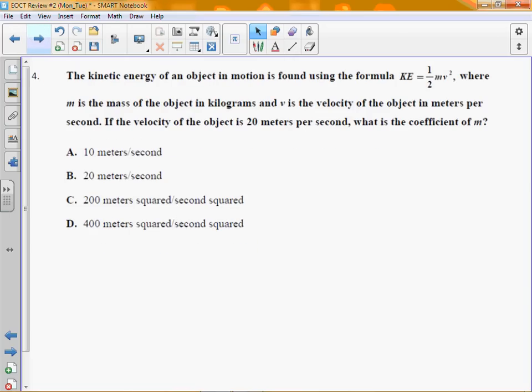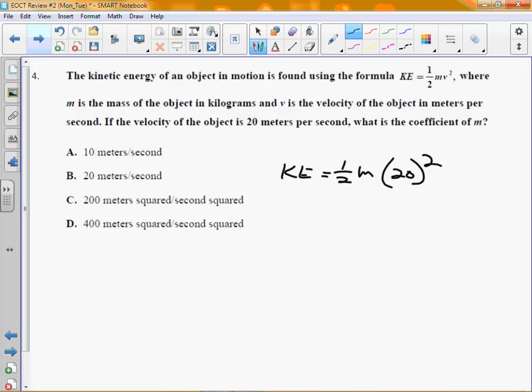Same issue. The kinetic energy of an object in motion is found using the formula KE equals 1/2 mv squared, where m is the mass. So I've got v squared, I've got to put in KE equals 1/2 m times 20 squared. According to your order of operations, what comes first? 1/2 of 20 or 20 squared? What's 20 squared? 400.